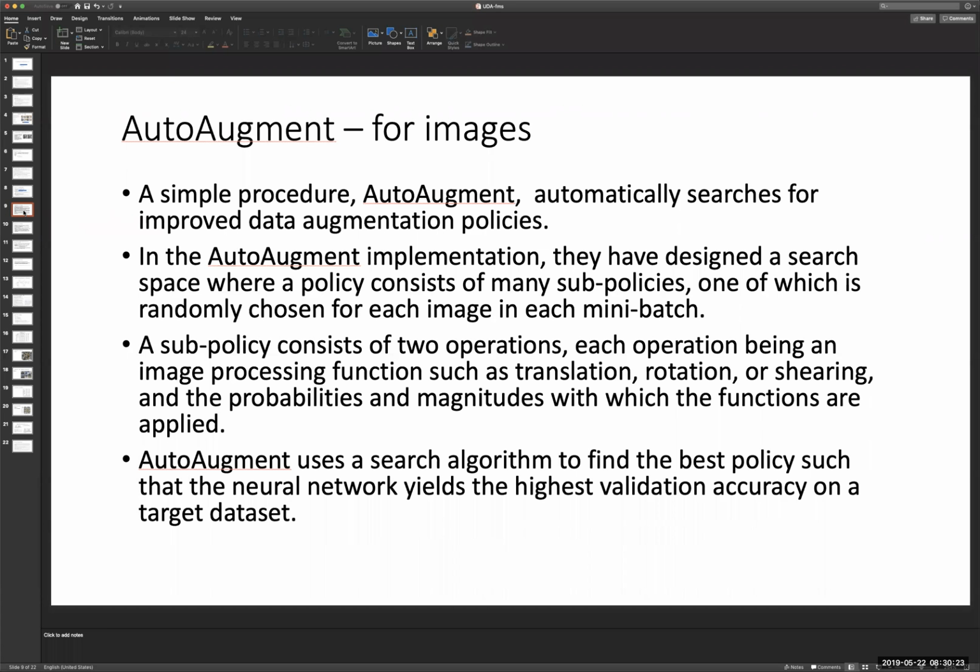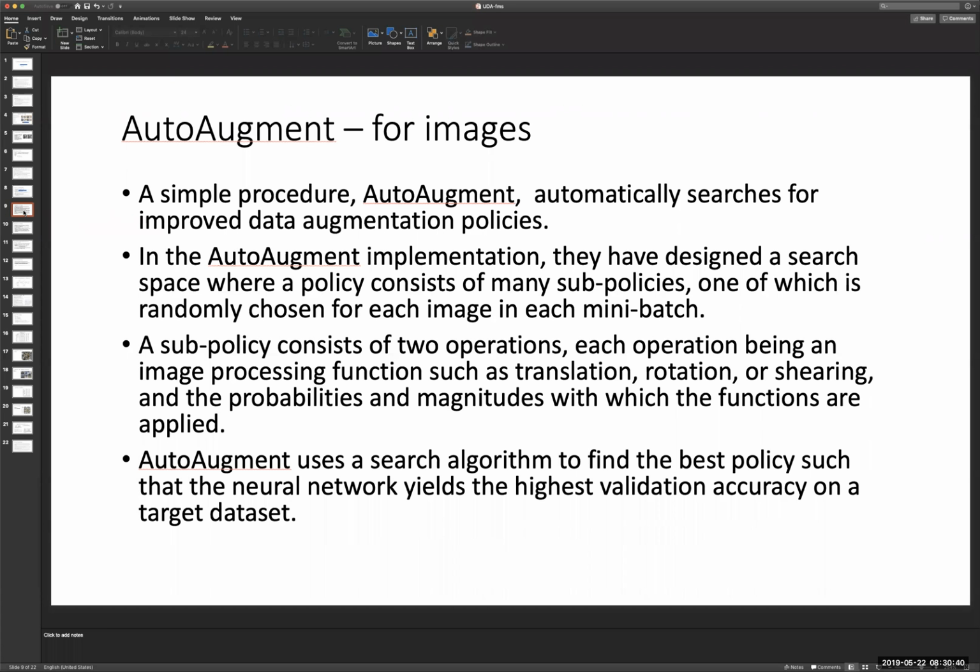Each sub-policy has two operations, each operation being an image processing function, such as what we've talked about before: translations, rotations, shearings, and a probability and magnitudes with which those functions are applied.